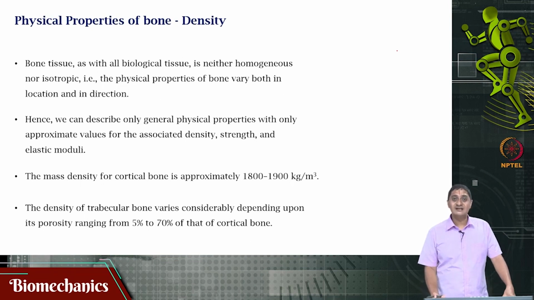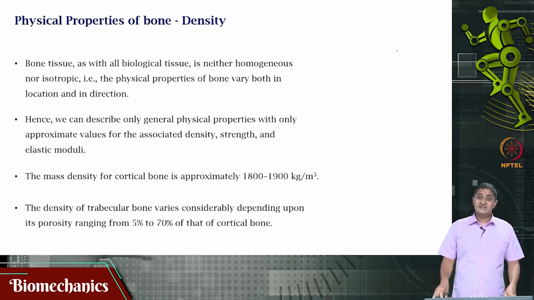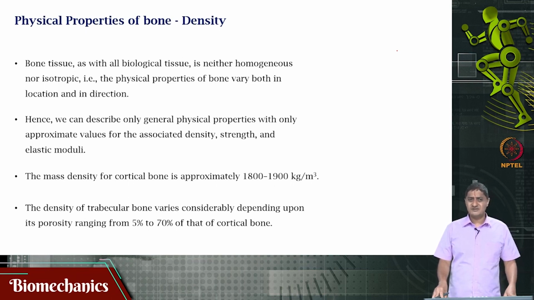So it is a strongly non-isotropic, or anisotropic, material. That means when we discuss material properties, we only discuss general physical properties with some approximate values for density, strength and elastic moduli. These are approximate values for some specific bones that were tested or sampled.